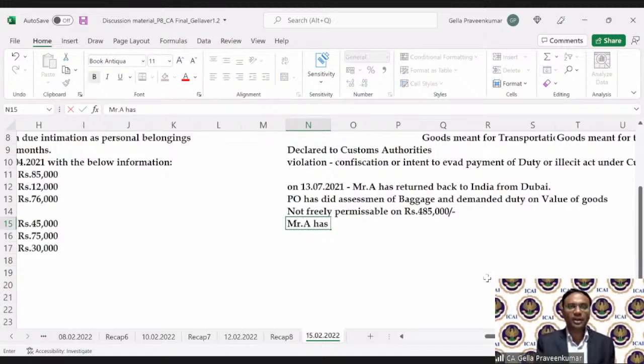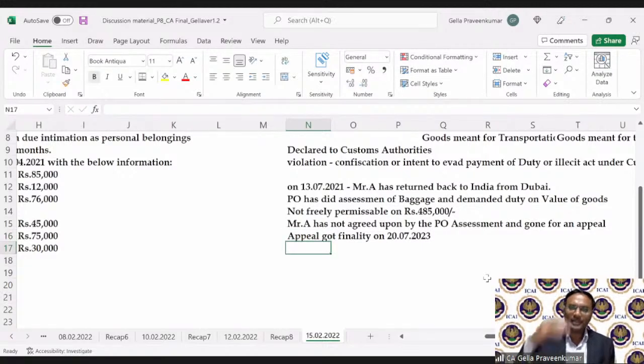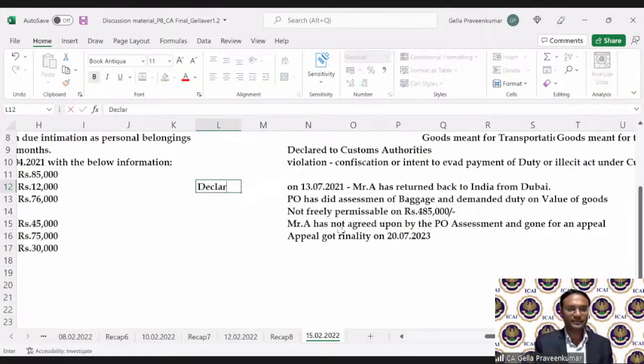Mr. A has not agreed with the proper officer's assessment and gone for an appeal. Appeal got finality on, say, 20th July 2023. I'm just going a little further ahead of current date. On 13th July, the actual declaration was made under section 77.